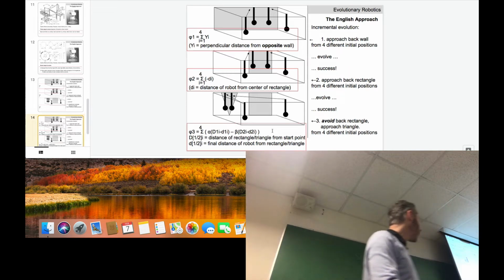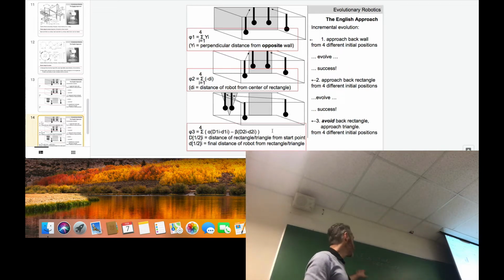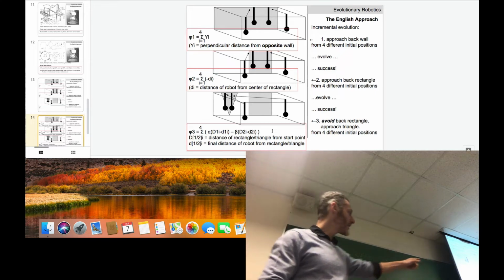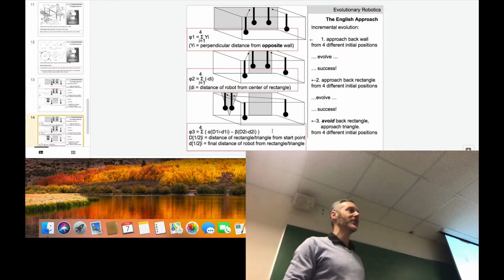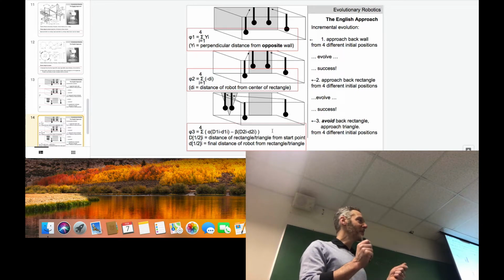If we set alpha or beta to 0, there's no selection pressure on moving towards or away from the triangle or rectangle, whichever of those terms we're zeroing out. So again, one of the things we'll see in a number of fitness functions is not only combining together multiple behaviors, go towards the triangle and away from the rectangle, but the amount of force or desire we want for those different behaviors.